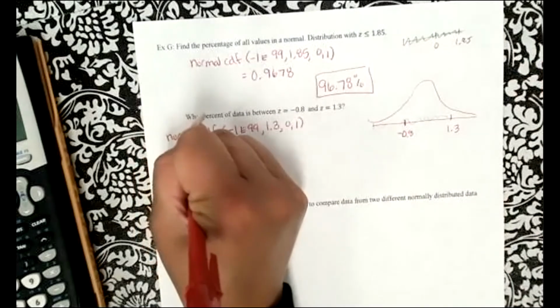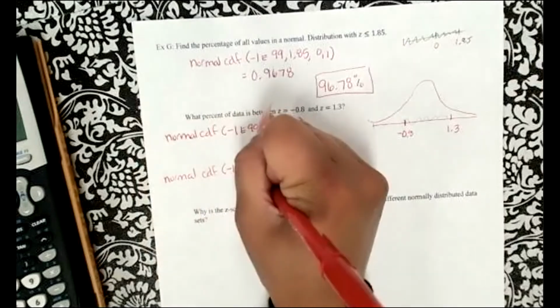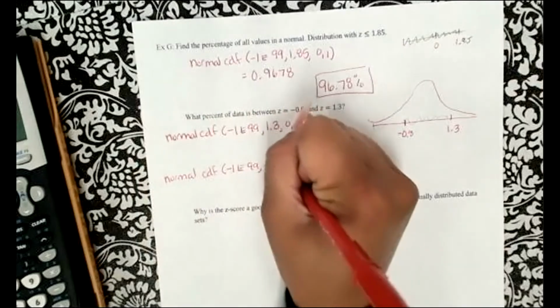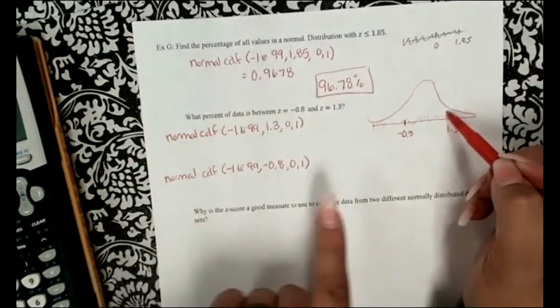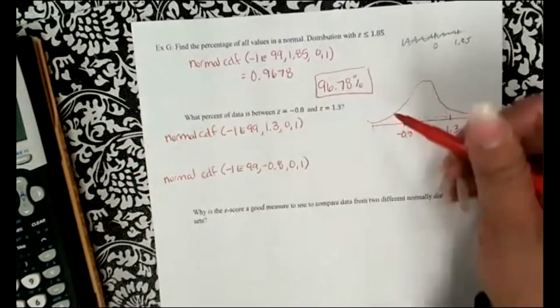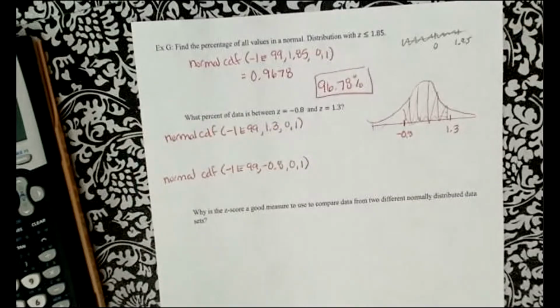So then I'm going to have to find out what this one is. So whatever answer here, that's going to be all of it. I'm going to subtract this one right here so I can only get the middle section that I want. So let's go to our Desmos.